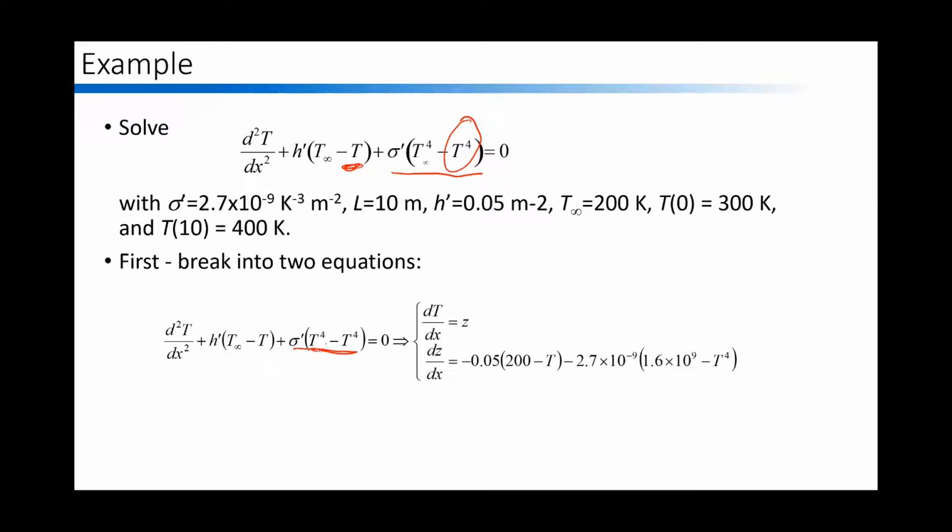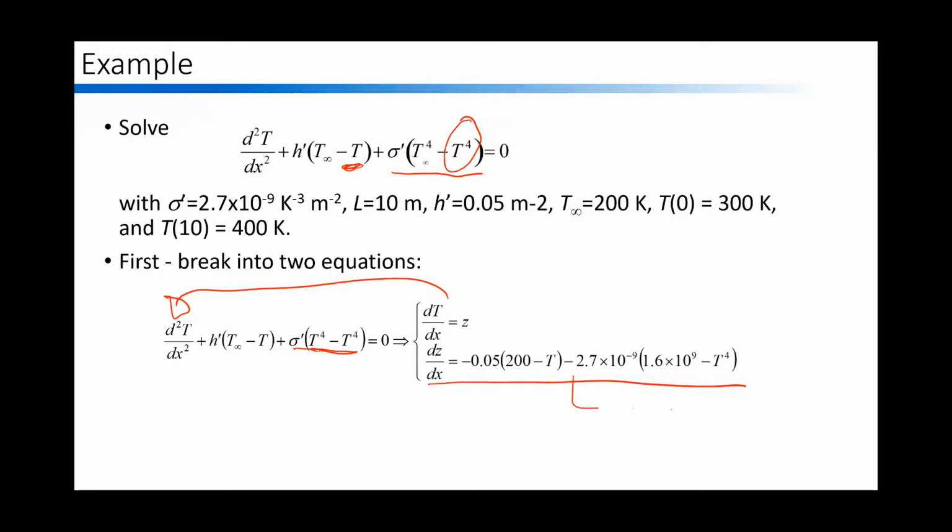So I'm going to once again make a z substitution. I'm going to say dT dx is z. When I substitute dT dx equals z into this top equation, I end up with a first order equation in z. So this is dz dx equals negative 0.05 times 200 minus T, just like before.